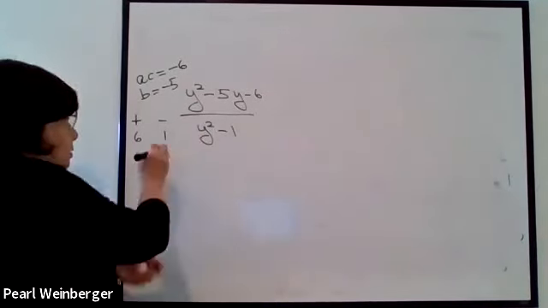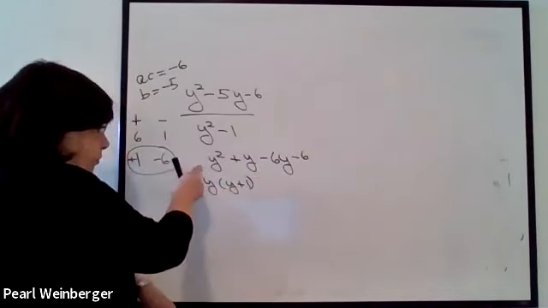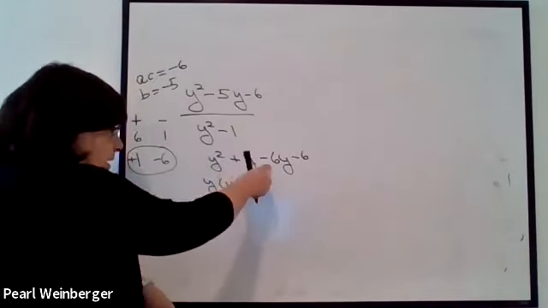So this is my correct combination. I don't have to go any further. Rewriting that, that'll give me y squared plus 1y minus 6y minus 6. And now doing my grouping, this will give me y times y plus 1, because my common factor here is y. And here my common factor is -6.